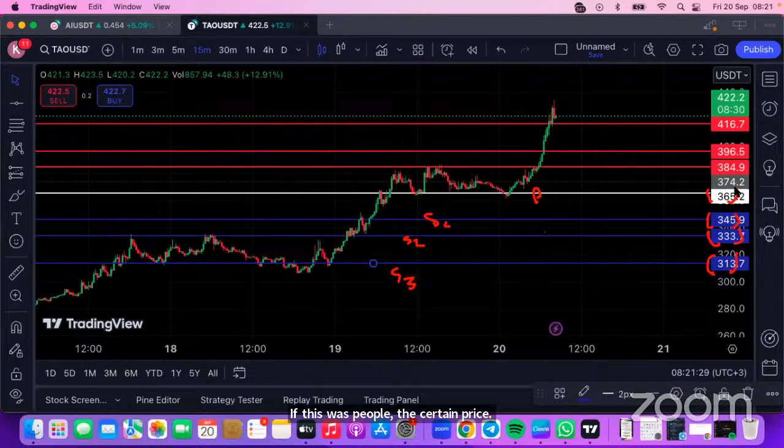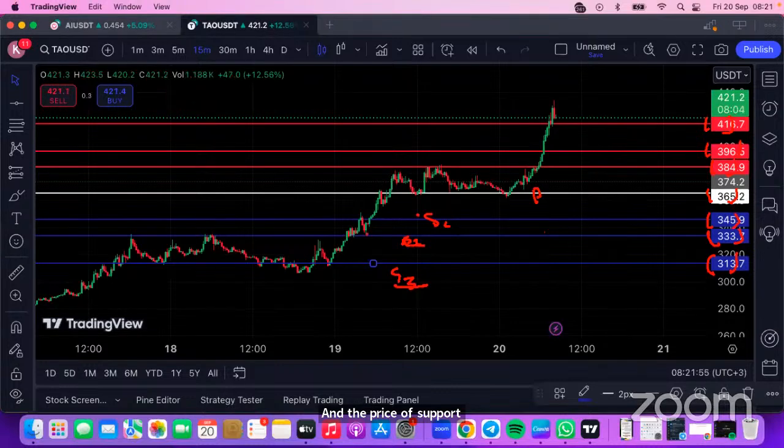If this is resistance 1, it has a certain price. If resistance 2, it has a certain price. If this is resistance 3, it has a certain price. I enter at the price of support 2 and get out at the price of support 1.